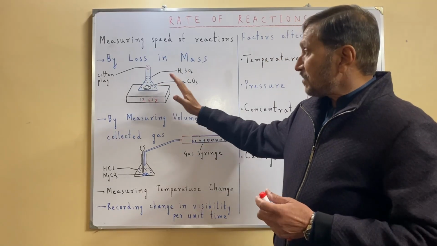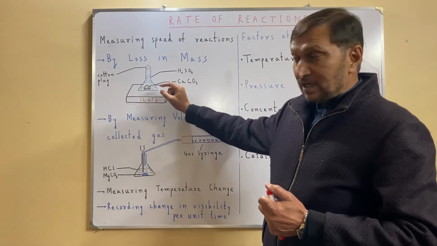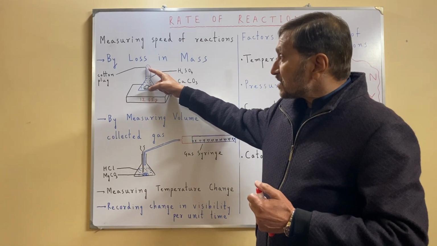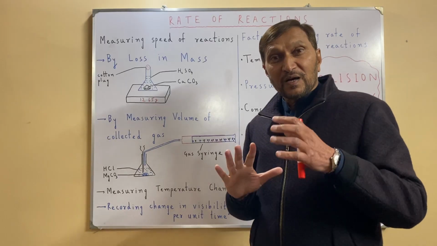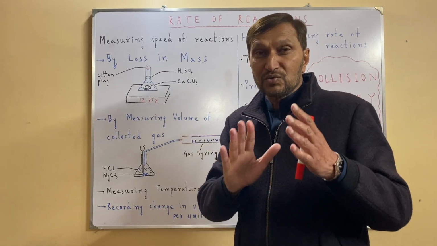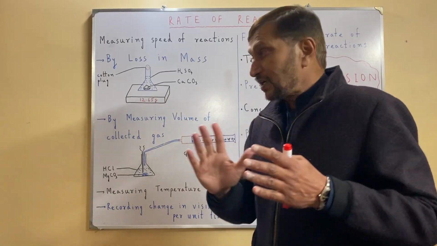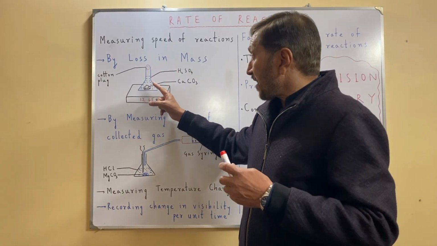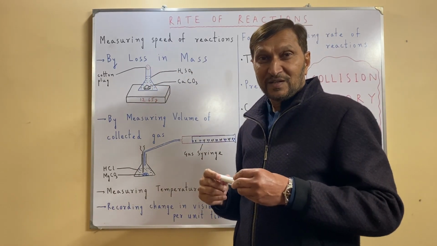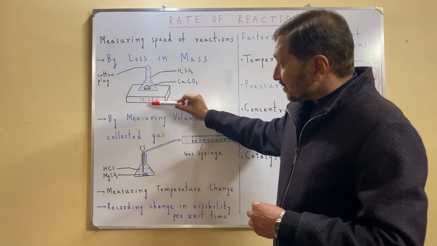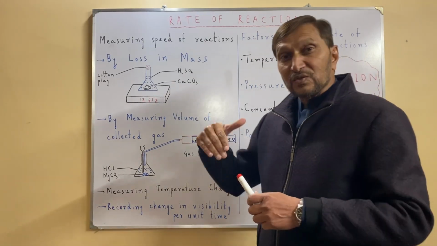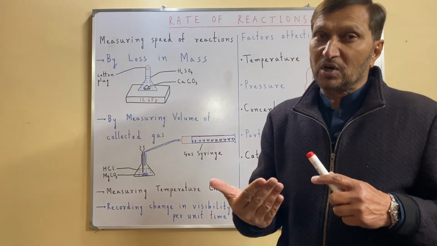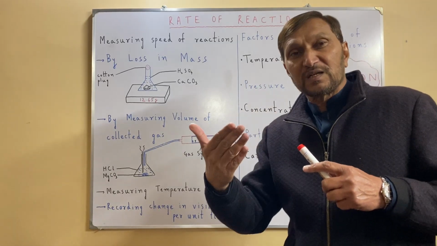So in order to make our results accurate, the cotton plug is fixed here so that the loss in mass is only due to the gas produced and released as a result of this chemical reaction. When the loss in mass takes place, we will record it with the help of a stopwatch at equal intervals of time.